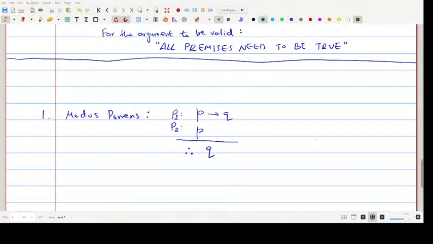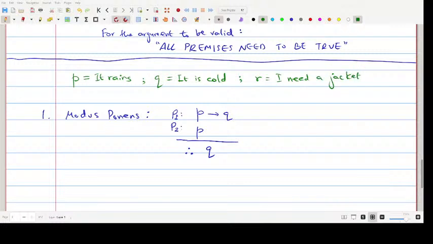P is the proposition that it rains. This is a very favorite example of mine. Q says it is cold, Q is the proposition that it is cold. So it rains, it is cold, and maybe R is I need a jacket.